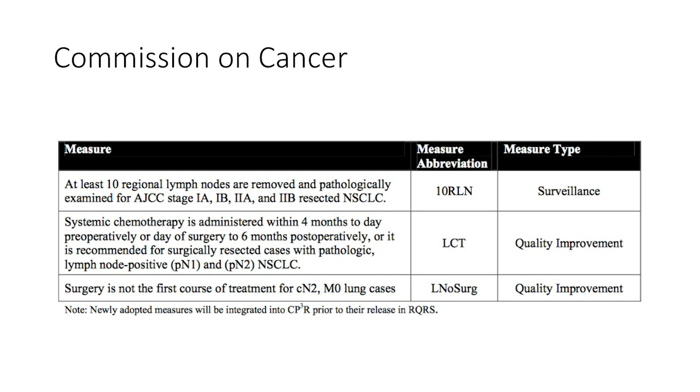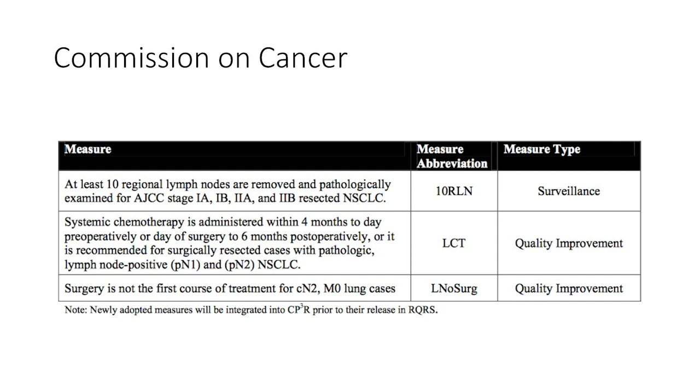The bottom two are quality improvement, and these are what are publicly reported. They are: surgery is not the first course of treatment for clinical N2 disease, and systemic chemotherapy is administered within 4 months to day of surgery.